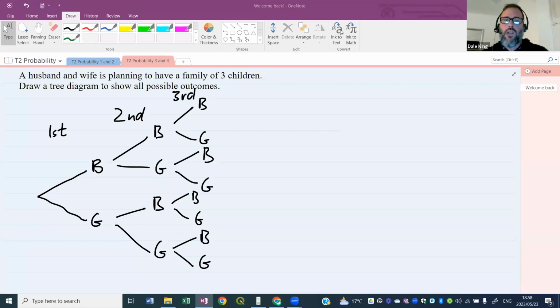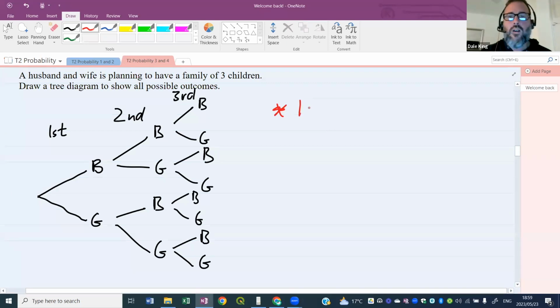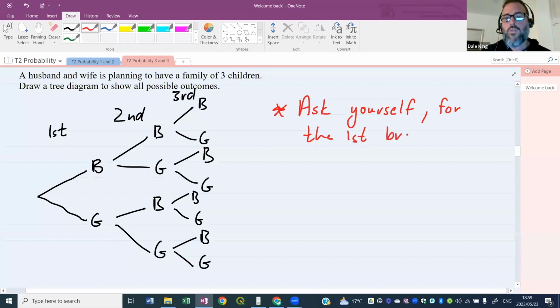Like the explanations on how to do it. Oh, you want notes? Okay. Here's some notes for you. Number one, ask yourself, for the first branch, how many possibilities are there?